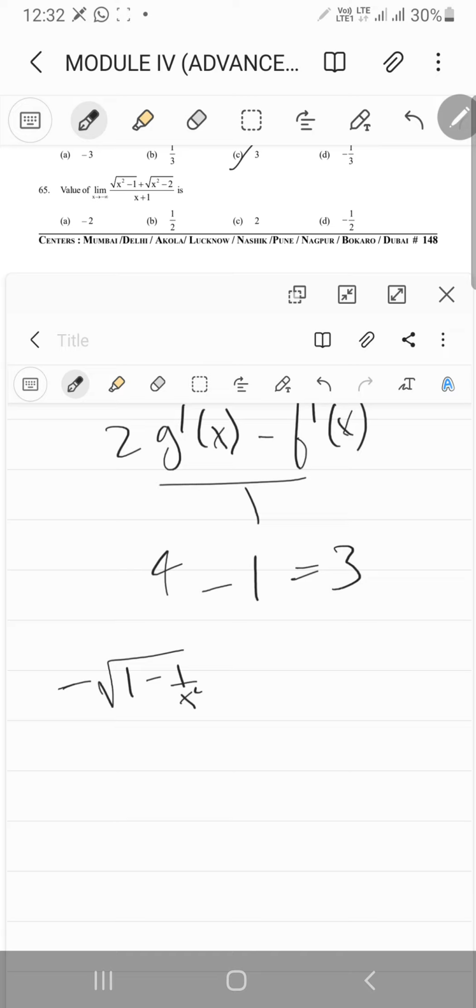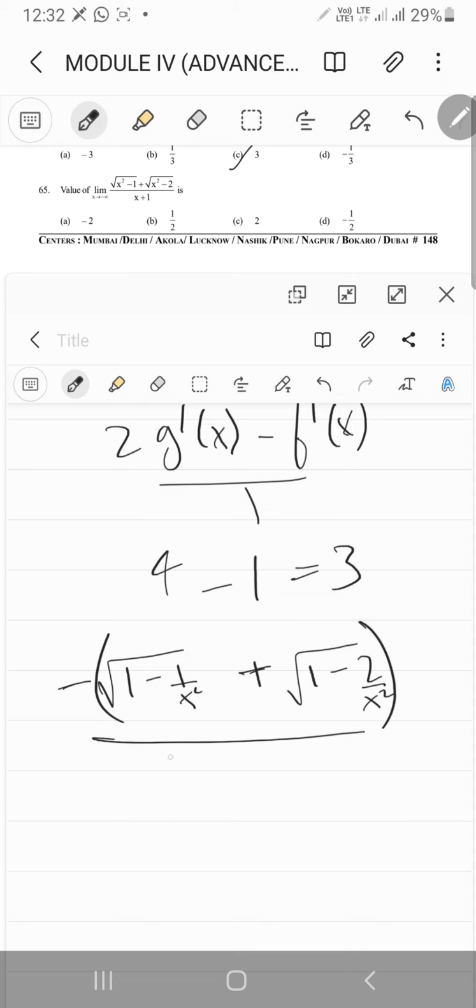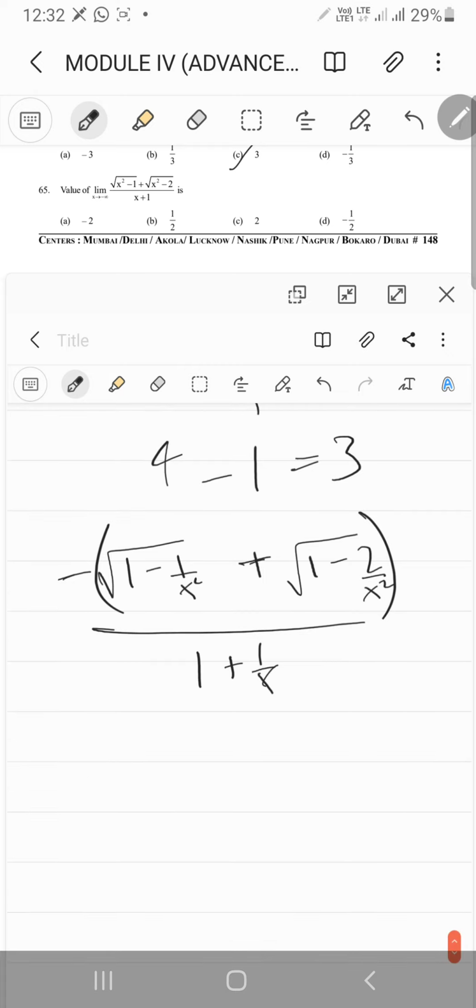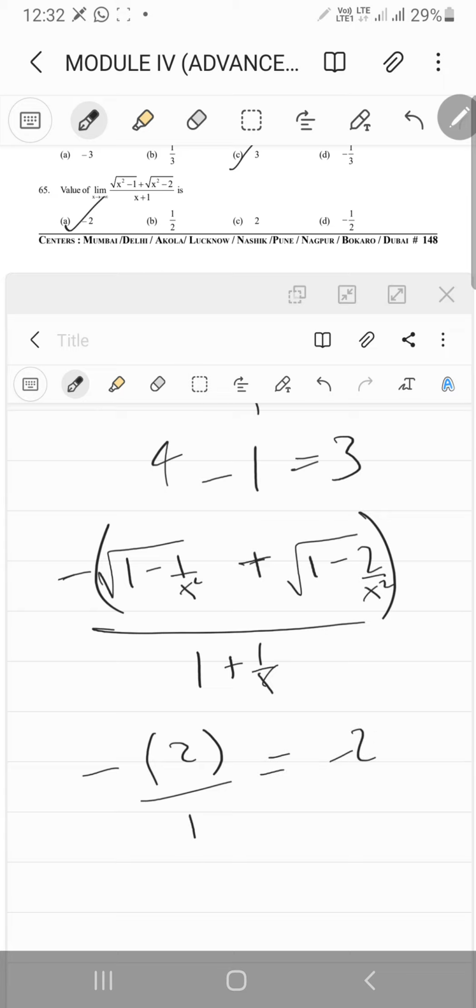Yes. Okay, plus 1 minus 1 upon x squared. Okay, this is like negative over there, upon 1 plus 1 upon x, and then we can just put x as negative infinity into this thing. So this should be negative 2 upon 1, which is negative 2. That is the answer. Cool.